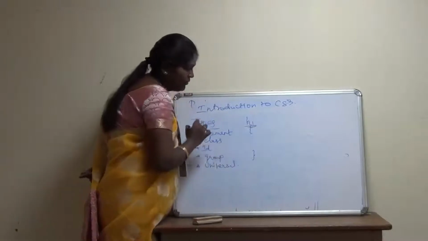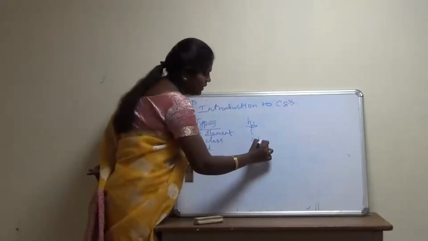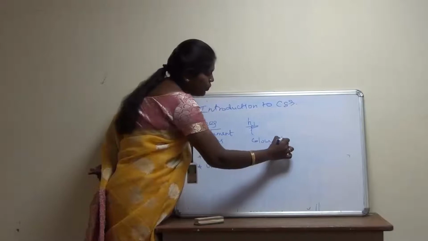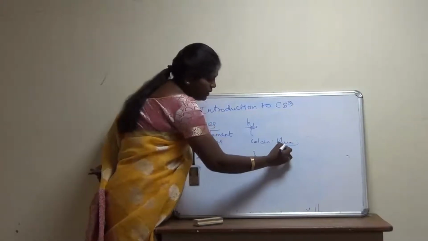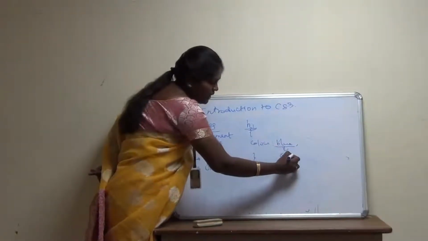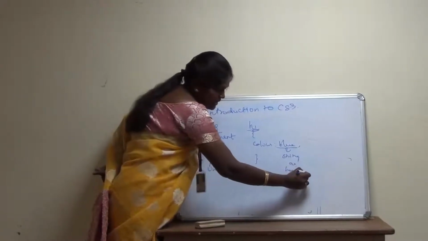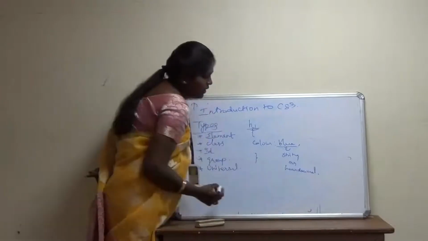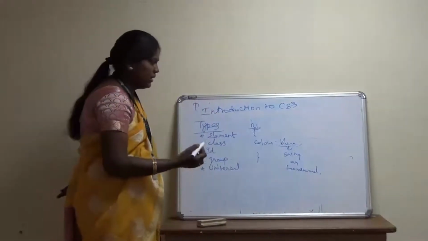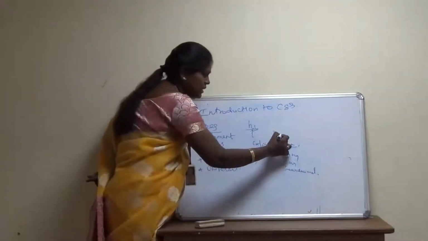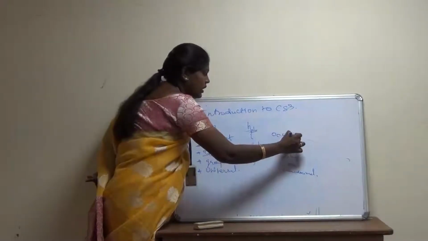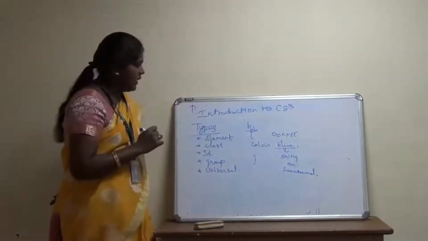Only one element gets a style. I am going to add the color as blue or black. The value may be a string or a hexadecimal value. That is the developer's choice. You can give blue, red, pink or green, or any combination of hexadecimal values.